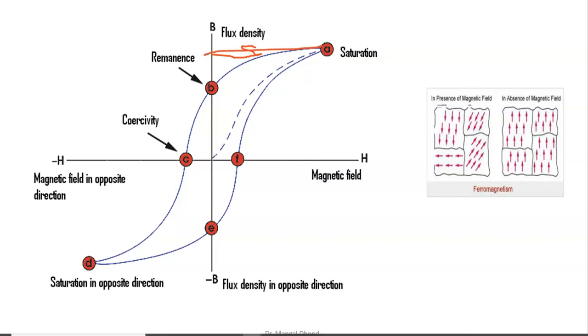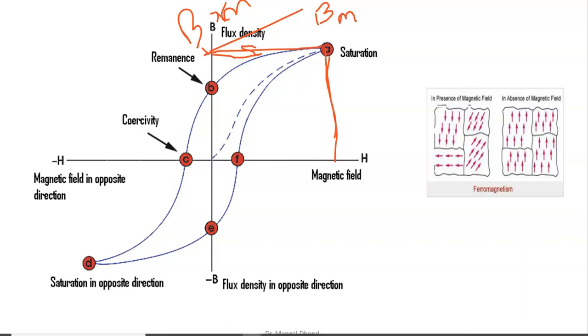So this is the maximum flux density, B max. I am drawing with my finger only. So mark this point B max, maximum flux density. Here the maximum field applied is this. When this field H is applied, maximum flux density is produced.